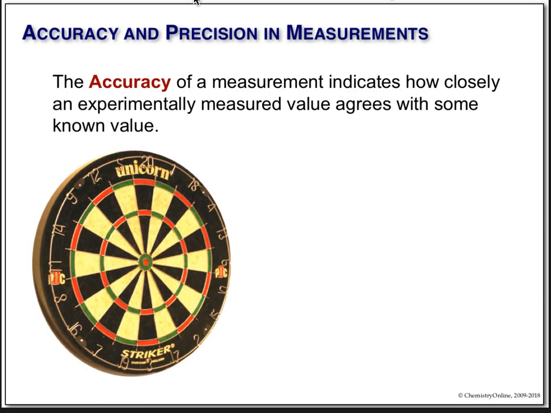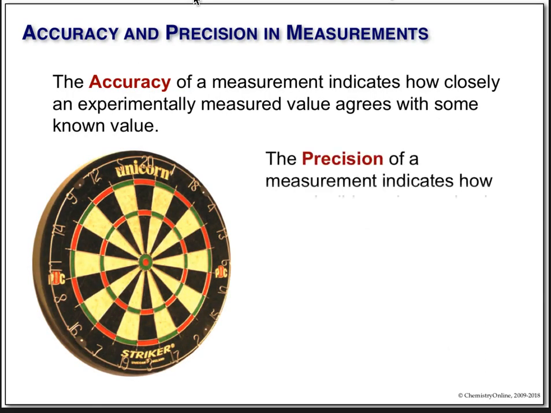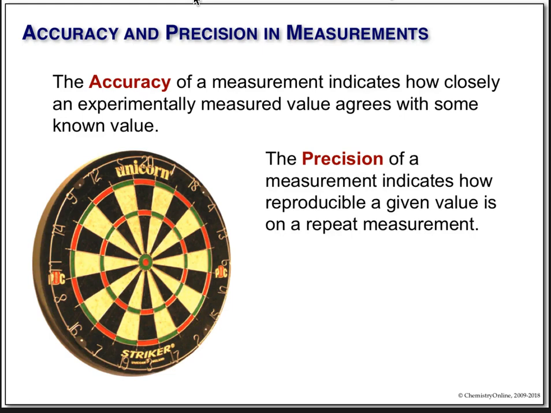Now, we talked a little bit about accuracy of measurements. Turned out that there are 2 measures that you need to think about. One is accuracy. That's how close your number is to a known number. And the other is precision. That's how close one measurement is to another.